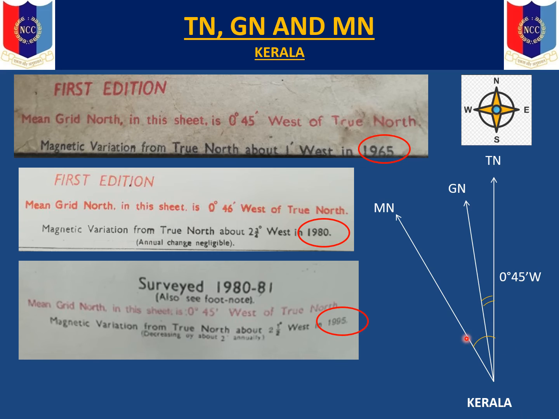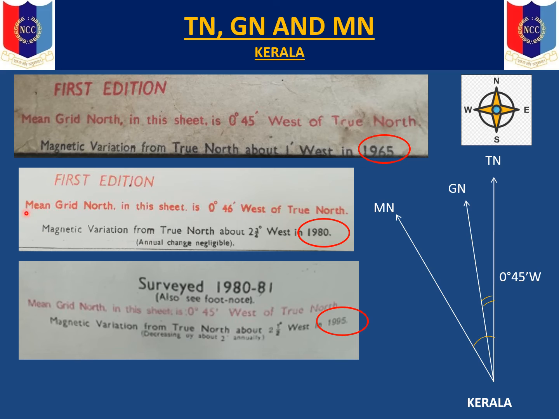So this is 1 minute west of the true north. This is grid north, 0 degrees 45 minutes west of the true north. Now let us see if the year changes, what happens. See, this is the first edition map of the same place, 1980. Place is Kerala.